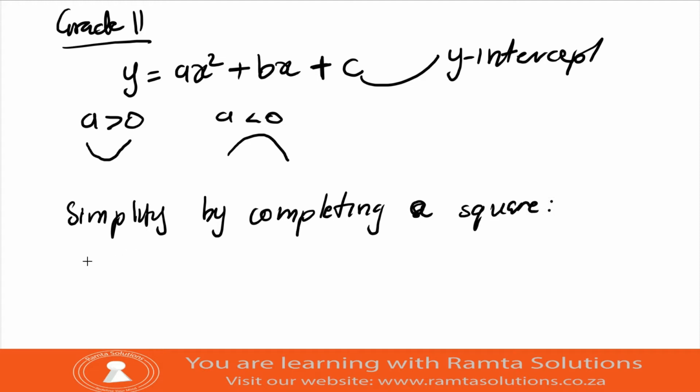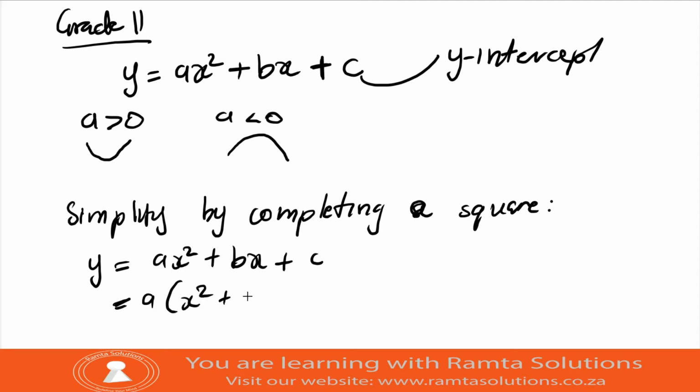So we have y equals ax squared plus bx plus c. Let's take a as a common factor, because the aim is to have the coefficient of x squared be 1. So if I take a as a common factor, I will be having this.